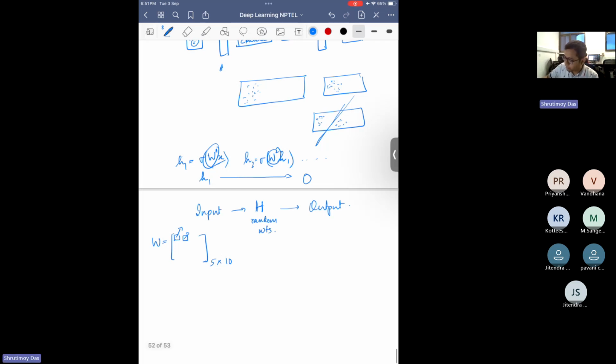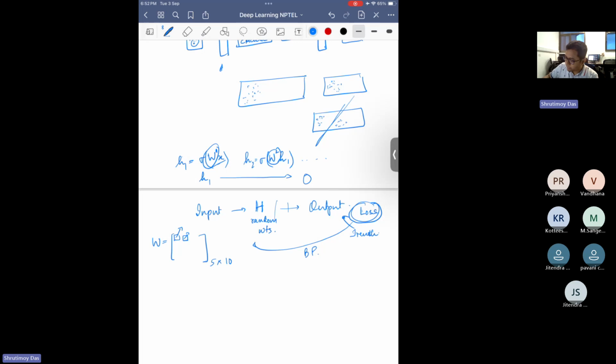Once you get the output, we compare it with the true labels, the truth, and you get back the loss, right? Once you get back the loss, we back propagate. During back propagation, we compute the gradient of this loss with respect to different activation layers, different hidden layers, and so on.